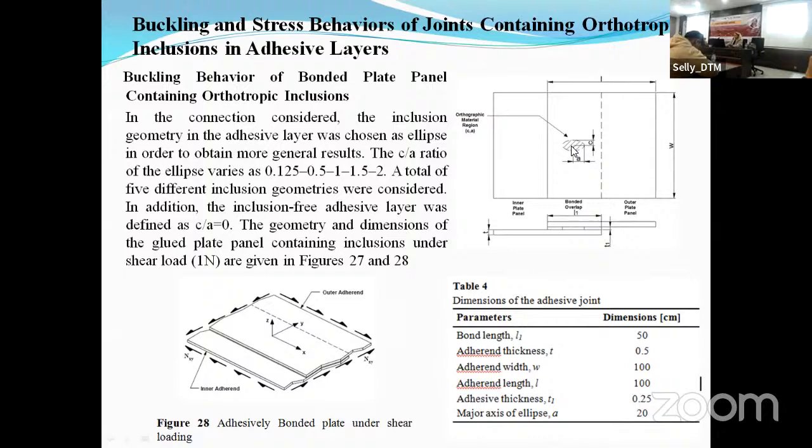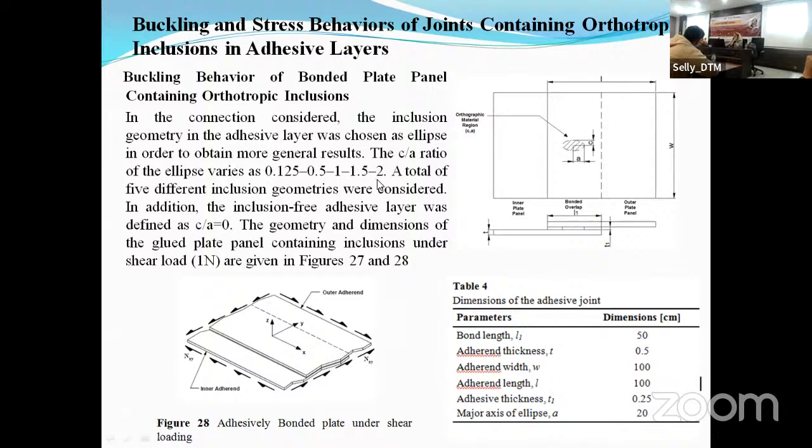So in the adhesive layer, it has an elliptical inclusion geometry, and we take into consideration the dimension ratio C over A, likewise 0.125, 0.5, 1, 1.5, and 2.